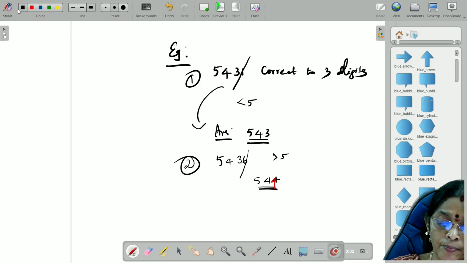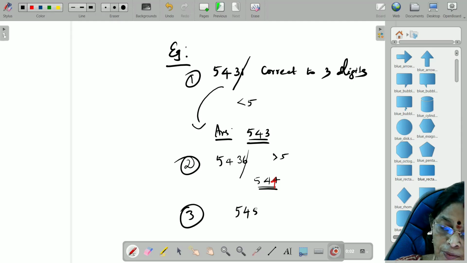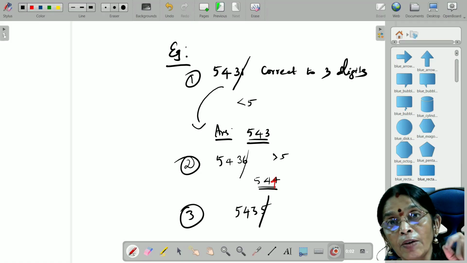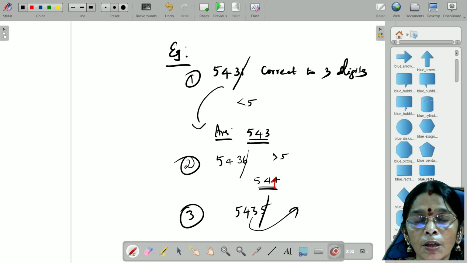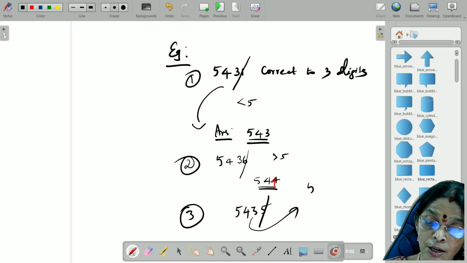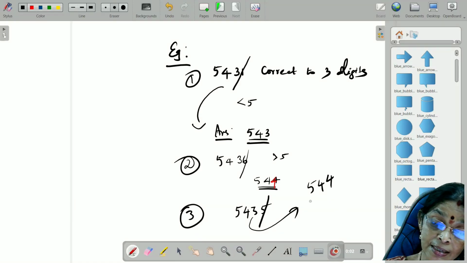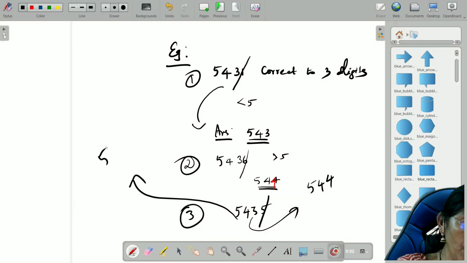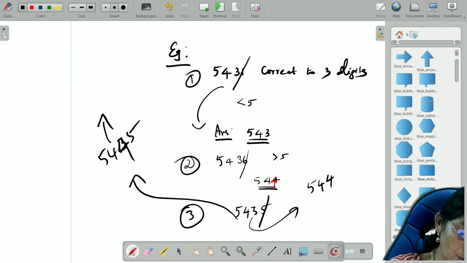Next, number 3. If the digit to be dropped is 5, just 5, as in 5435, and the preceding digit is odd, then you increase it by 1. But if the digit to be dropped is 5 and the preceding digit is even, then you don't change it.